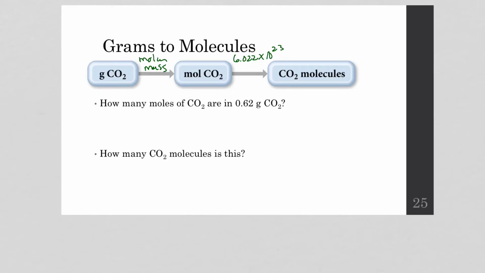So if I want to know how many moles of carbon dioxide are in 0.62 grams of carbon dioxide, I'm going to set it up in the same way that I would have before. I'm going to start with what I know.